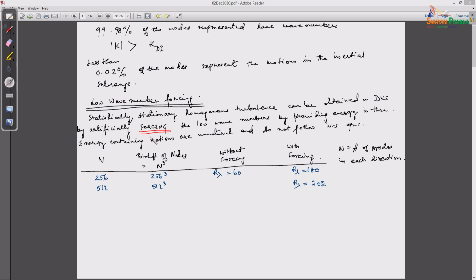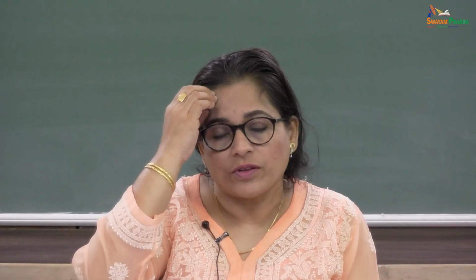So, the energy containing modes are very small in number. However, they are located in a very small range of motions. So, it is easier to locate them and resolve those, compared to the others which are really spread over a large range.